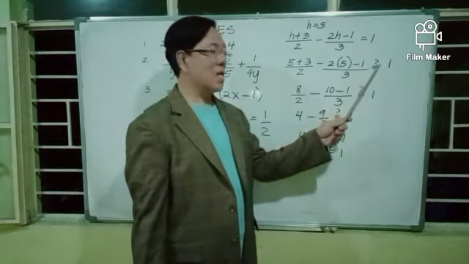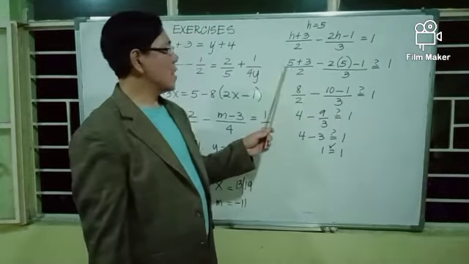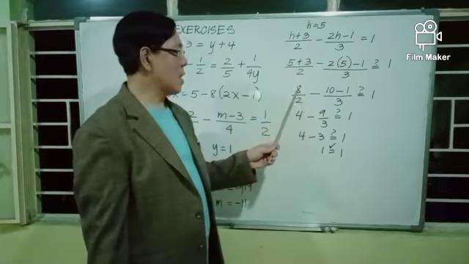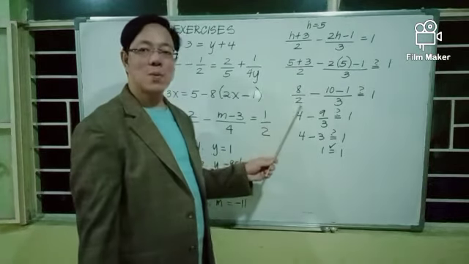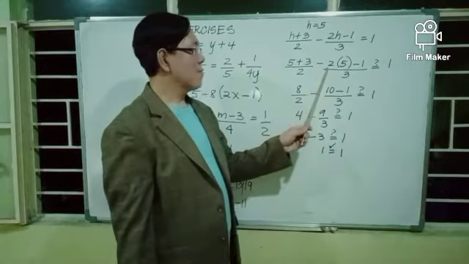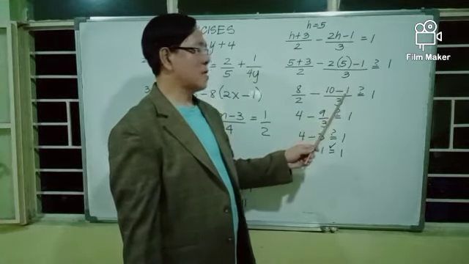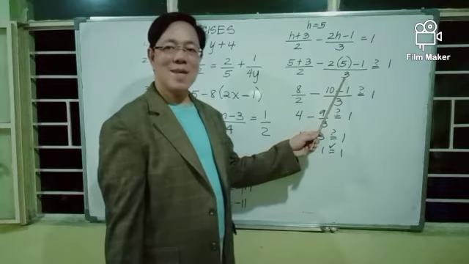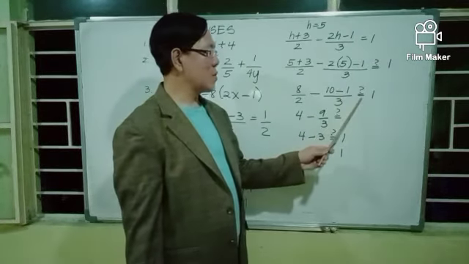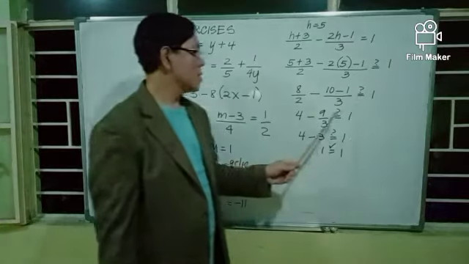Hence, initially we write a question mark above the equal sign. And we have 5 plus 3 equals 8 over 2 minus 2 multiplied by 5 is 10 minus 1, divide by 3. We want to check if the left-hand side is equal to 1.